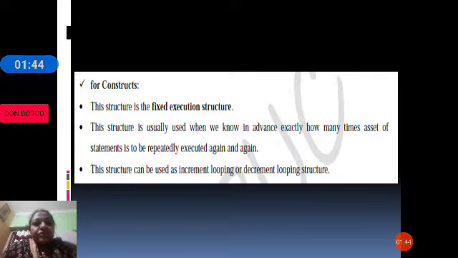Let us see what the for statement is. For is a fixed execution structure. So, we need to know how many times the statement has to be executed repeatedly, and the structure uses either incrementing or decrementing values.